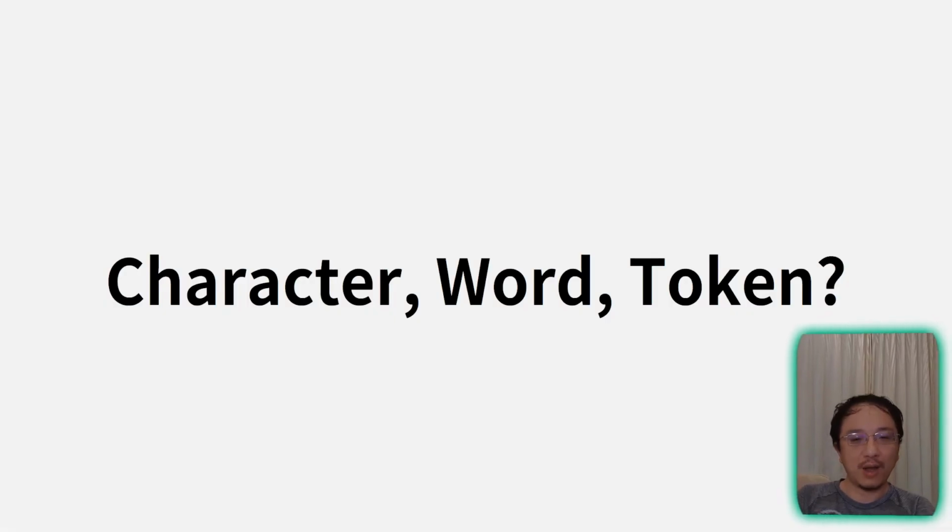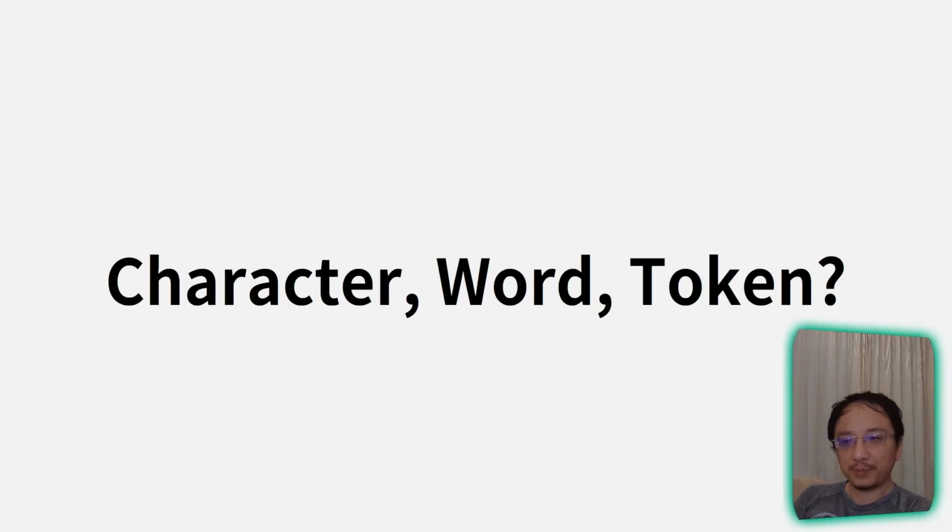Several weeks ago, we have talked about the character level language model and also n-gram, but the character level model is not the only way to model the language. Other popular ways are word level or sub-word level language models.